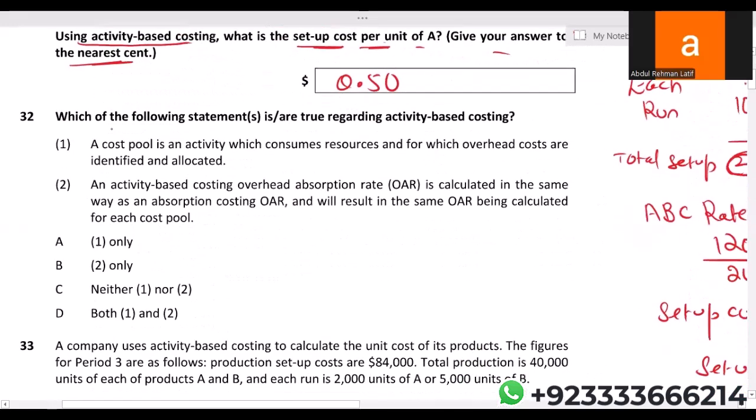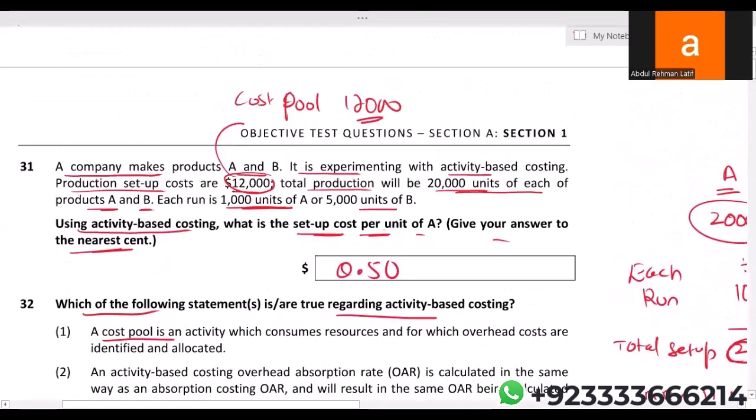Now come here. Which of the following statements is true regarding ABC costing? A cost pool. Actually, what happens in a cost pool is that when the same activity we are carrying out again and again, the total is the cost pool. Like $12,000 is a total setup cost.